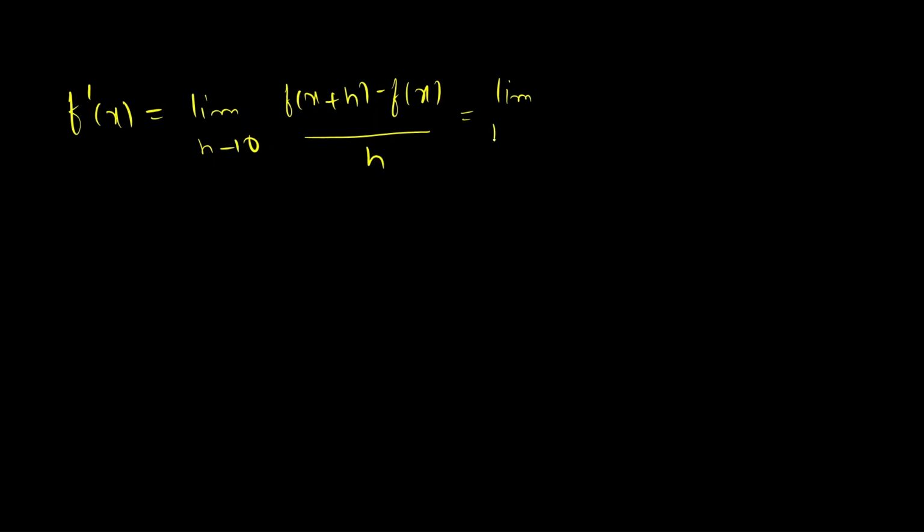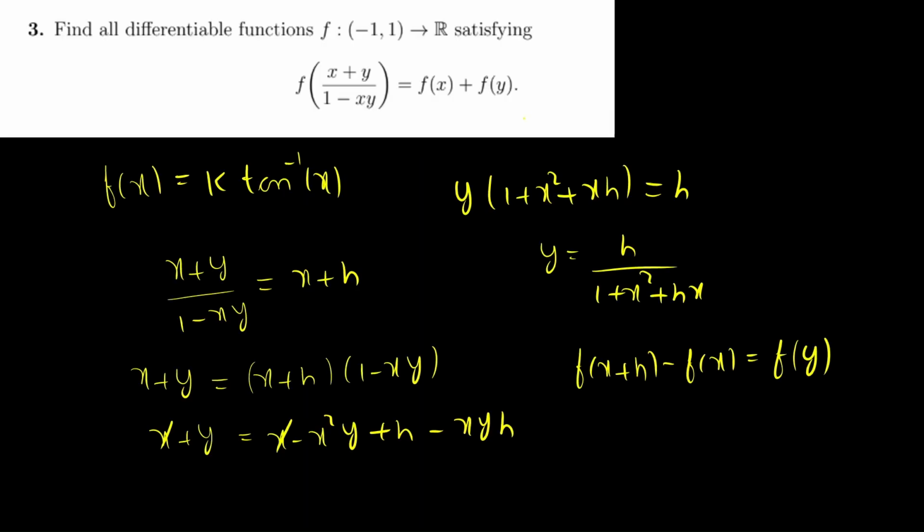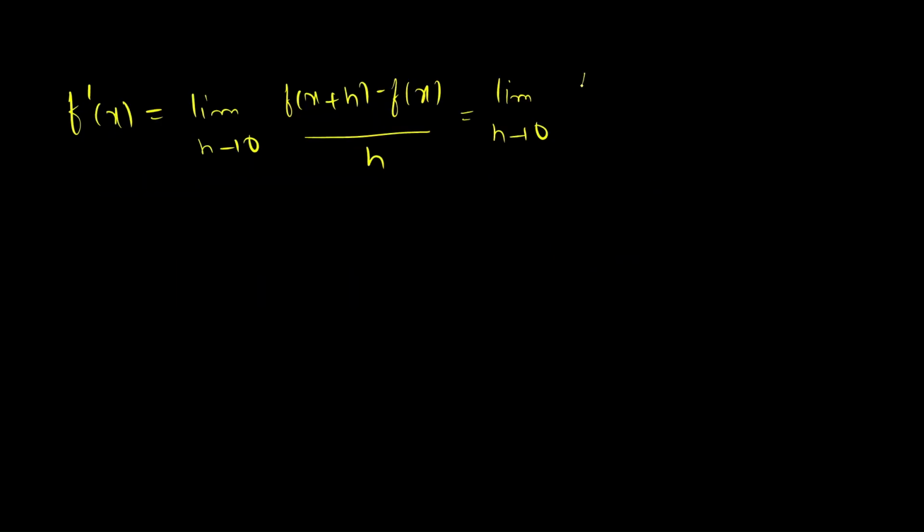It will become limit h tends to 0 f of y divided by h. Now let us substitute the value of y. We get f dash of x is equal to limit h tends to 0 f of.